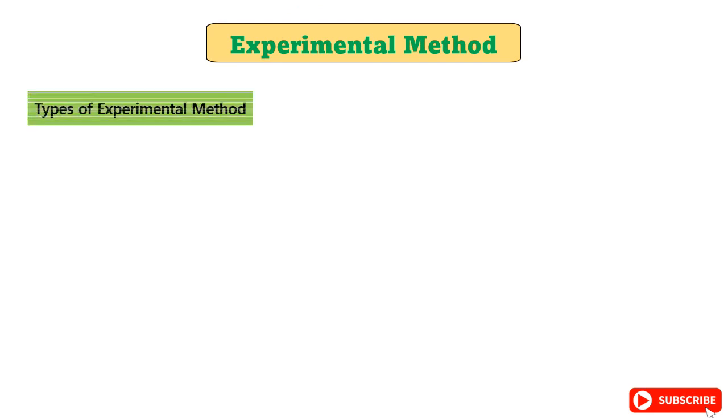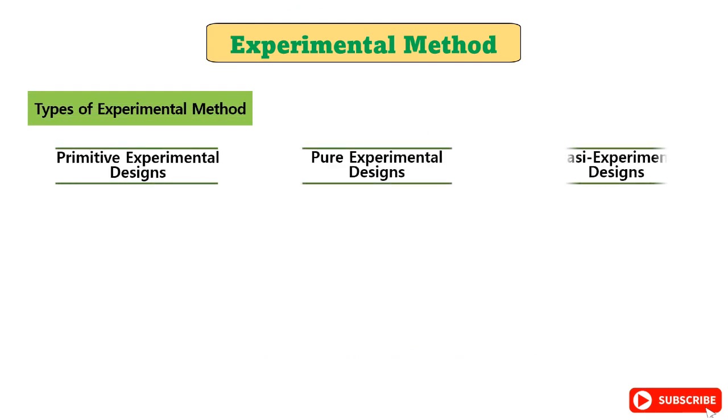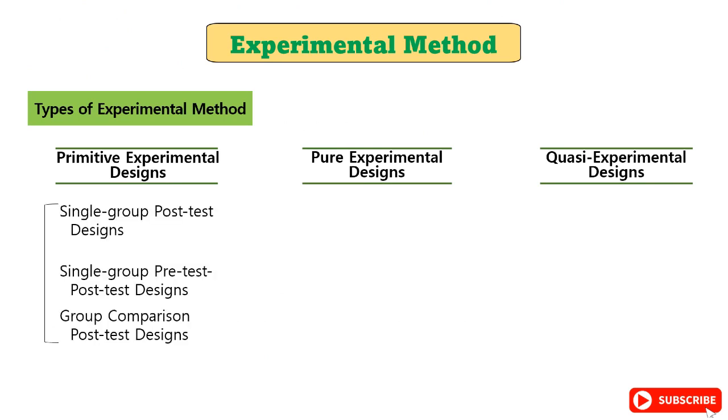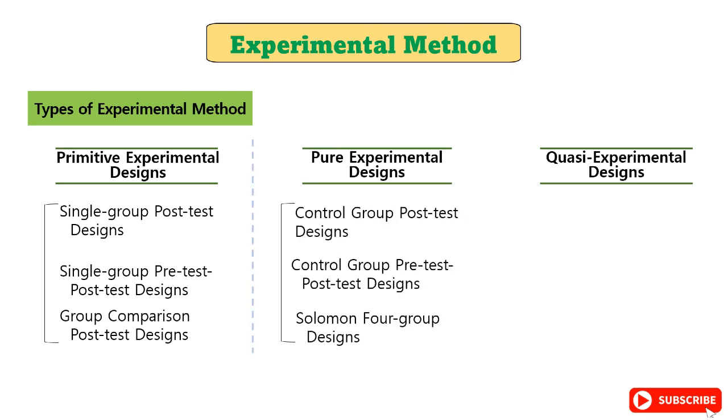Now let's explain the experimental methods. As mentioned earlier, they can be categorized into primitive experimental designs, pure experimental designs, and quasi-experimental designs. In primitive experimental designs, there are single-group post-test designs, single-group pre-test post-test designs, and group comparison post-test designs. In pure experimental designs, there are control group post-test designs, control group pre-test post-test designs, and Solomon 4 group designs.